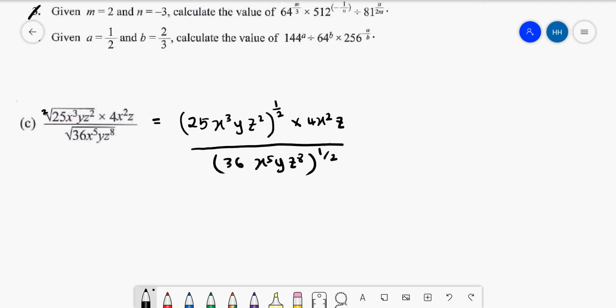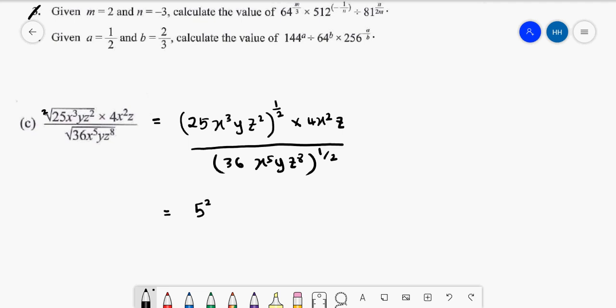Because this is a square root. And then when you have numbers inside the bracket, all multiply. You have a power outside the bracket, so you can raise the power by multiplying the index number. But you see 25 here. 25 can be written as a number in base 5, so 5 squared.